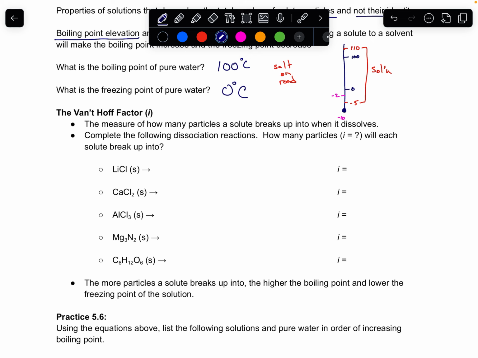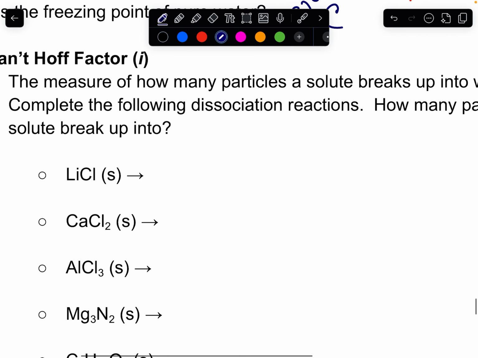Remember, when ionic substances dissolve, they will break up, or dissociate, and when they dissociate, they can break up into multiple particles. That's what this i is measuring: how many particles the solute breaks up into when it dissolves.